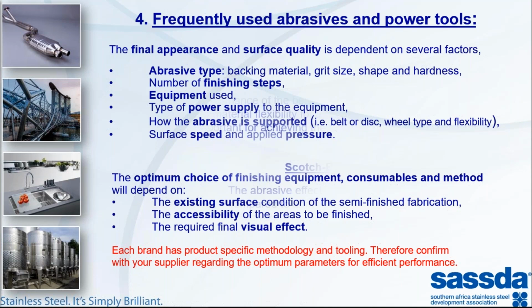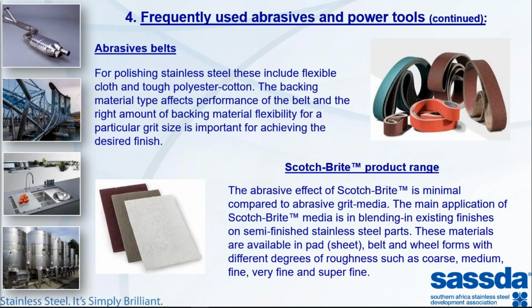If we look at some of the equipment or consumables we use, there are the abrasive belts. We all know them, different sizes, widths, grit sizes, backings, and you can even get them in custom-made lengths to suit your equipment. This is a very handy thing in your workshop.